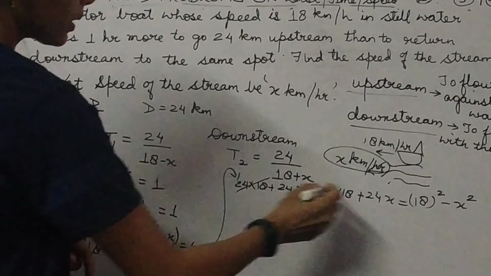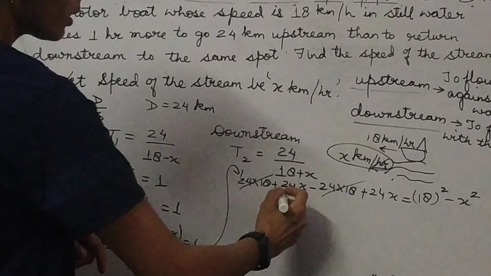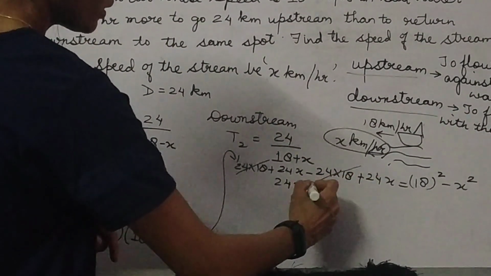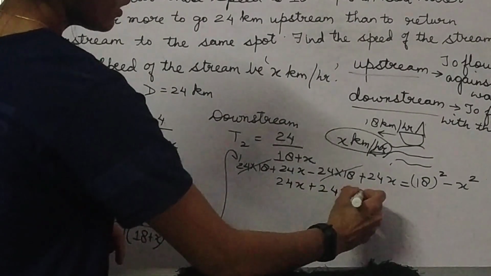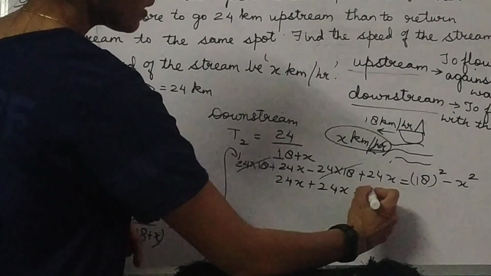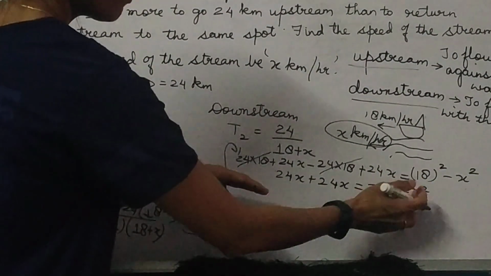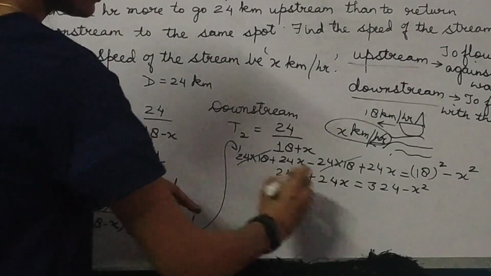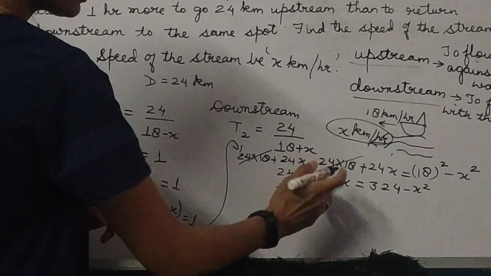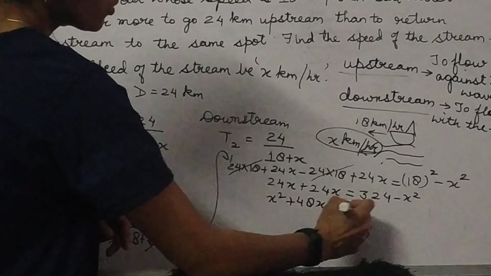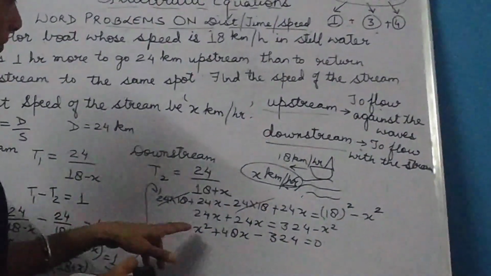So this is plus and this is minus, so it's gone. I am left with 24x plus 24x equals 18 square, which is 324, minus x square. Bring this x square to this side, so this will be x square plus 48x minus 324 equals 0.